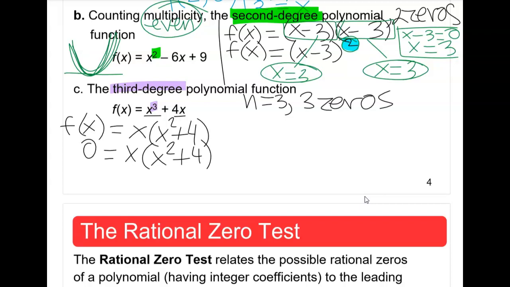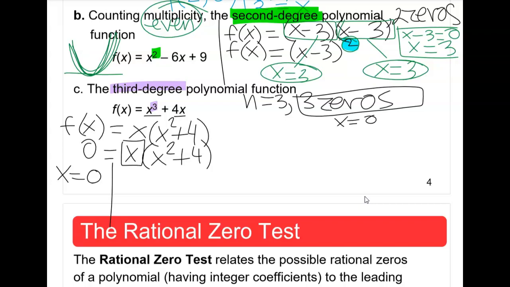And now by the zero factor property, we make each factor equal to 0 to solve for x. So the first one here, x equals 0, we already have one. So out of these three zeros, x equals 0 is one of those. And that means that you will have a point at (0, 0).